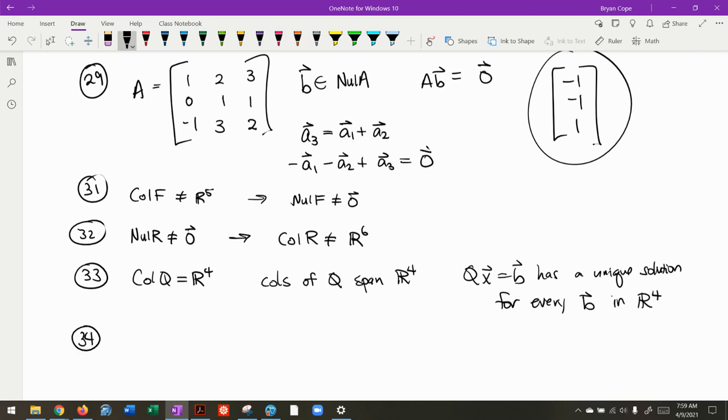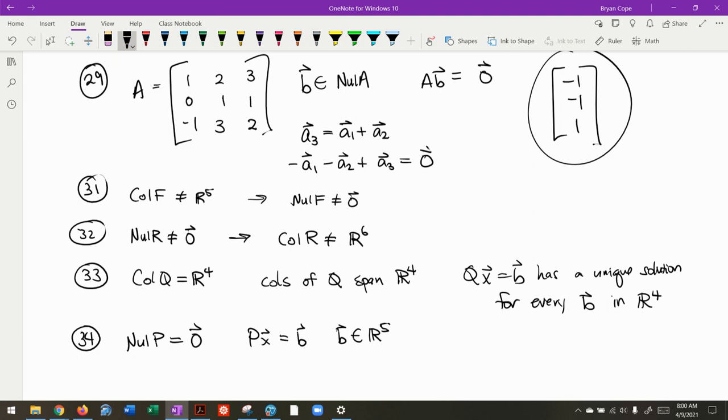All right, 34. If P is a 5 by 5 and null P is the 0 subspace, what can you say about solutions of equations of the form Px equals B for B in R5? Okay, so we're interested in Px equals B, where B is a member of R5. Well, if the null space is 0, that means the columns are linearly independent.